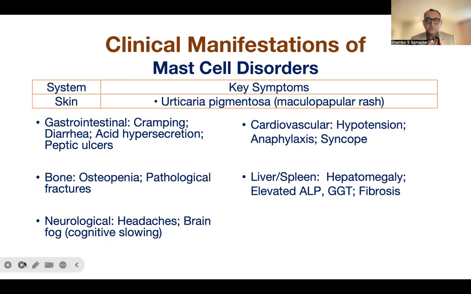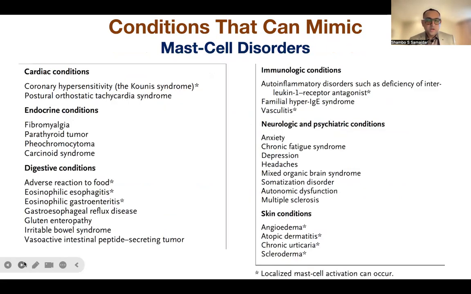But when we saw all the symptoms, starting from the gastrointestinal tract to urticaria pigmentosa, we were clinically suspecting mast cell disorders. But unfortunately, due to the cost of the tests, the patient had not performed any prescribed test, including the tryptase level.